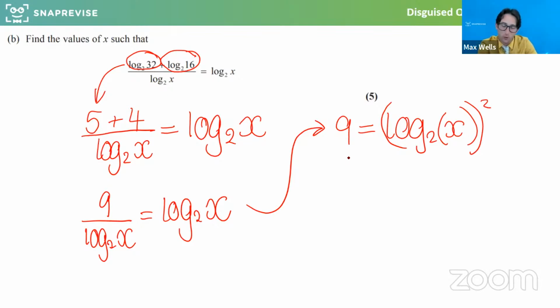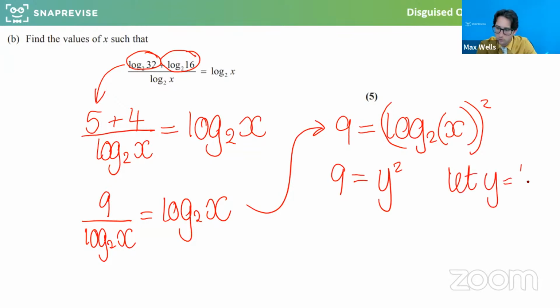So what we're going to do here is use substitution at this stage and call it y squared, because the log rule doesn't really apply, because it's not log 2 of x squared, it's log 2 of x all squared. So we need to be careful with that. But by using the substitution that y is equal to log 2 of x, this is doable.